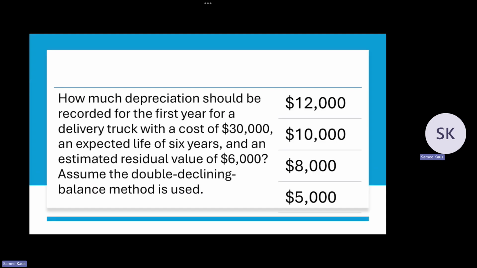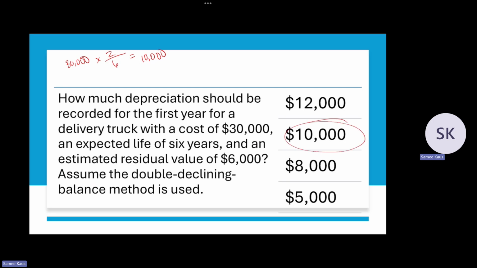So how much depreciation should be recorded for the first year for a delivery truck with a cost of 30,000, an expected service life of 6, and a residual value of 6,000? Okay, stop right there. Do I care about my residual value in year 1? No, I don't. So all I have to do is multiply the cost by 2 over my estimated service life of 6. That means I'm going to recognize depreciation expense of 10,000 in the first year.